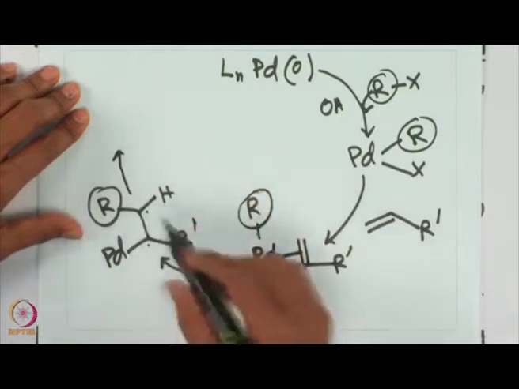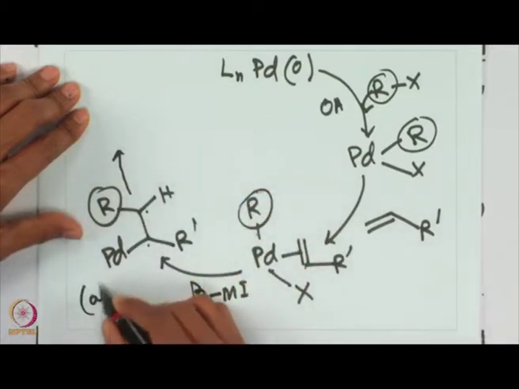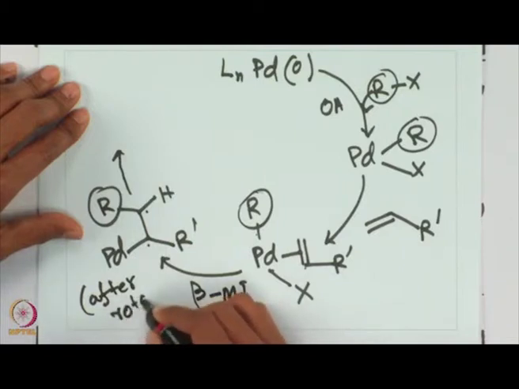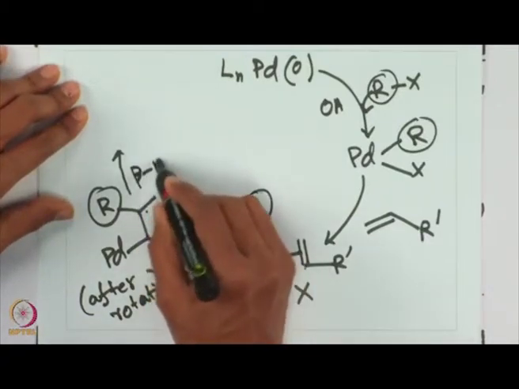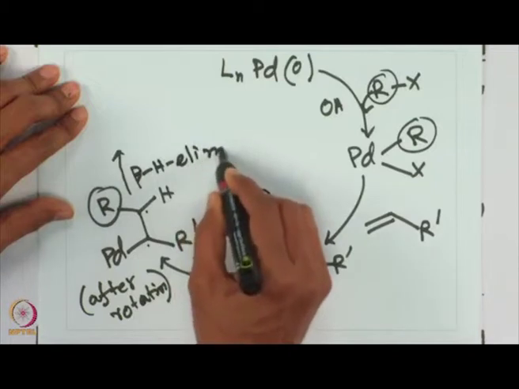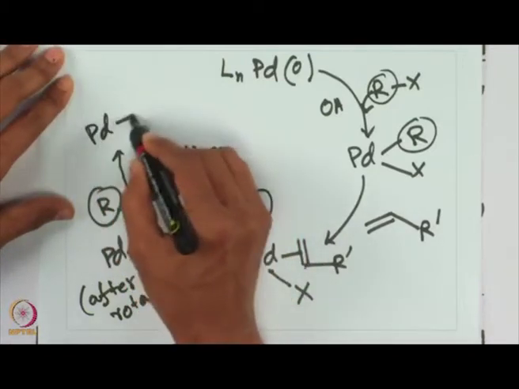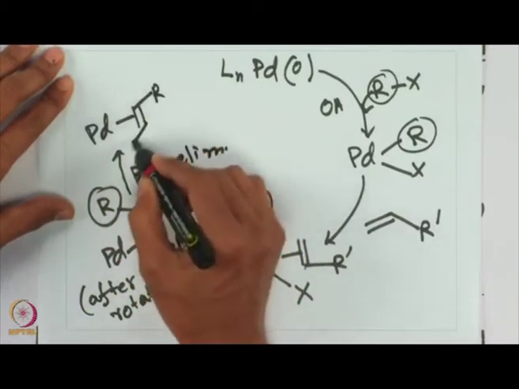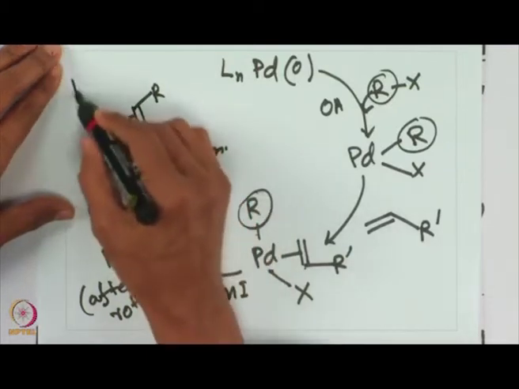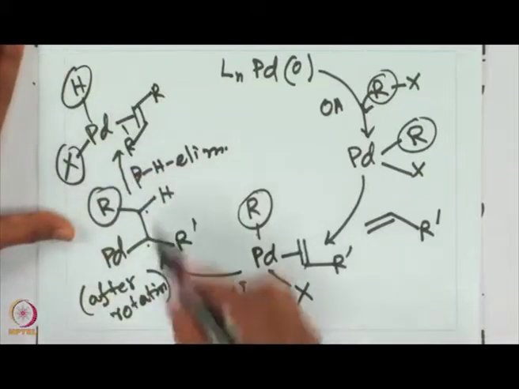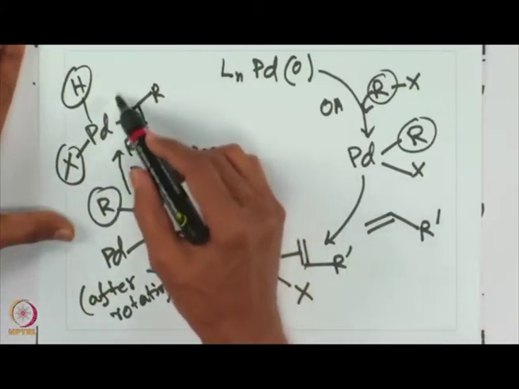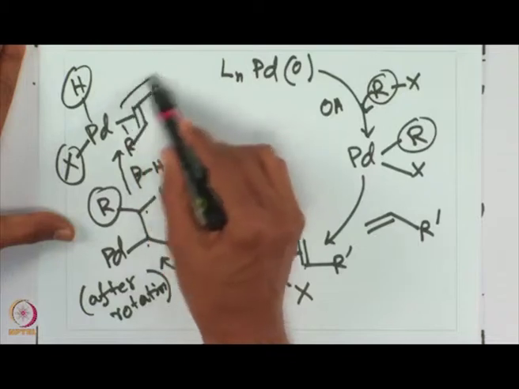From there, of course, after the desired rotation you get to the right orientation. From here you get beta hydride elimination to give the palladium olefin intermediate required for product formation, and you have HX, where both H and X can leave, and the olefin can again leave from the product.